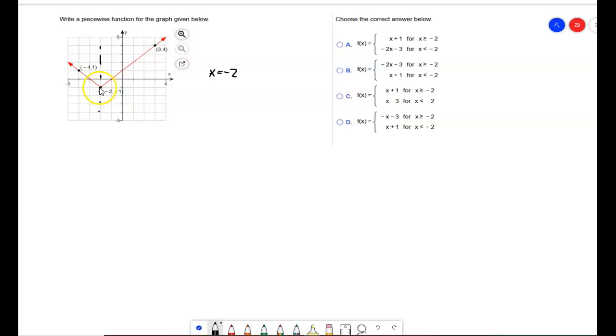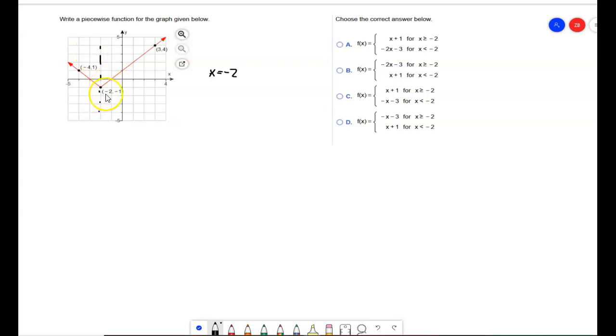So really we have two functions here: one to the left of -2, and one to the right of -2. We want to split this so it's one function when x is less than -2, and one function when x is greater than -2.